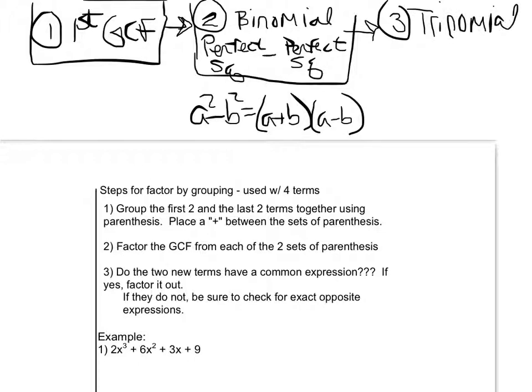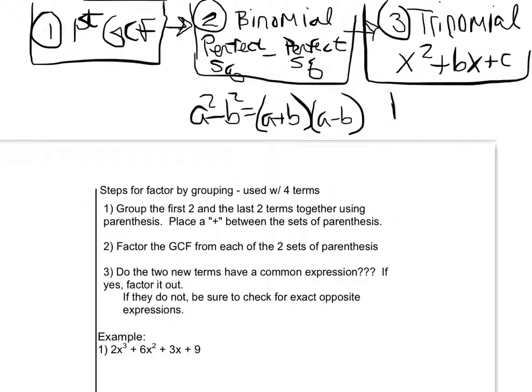Do I have something that's a trinomial with an x squared coefficient of 1 in the form x squared plus bx plus c? Because if I do, then I can use my factor sum tables to unfoil or undistribute, depending on which multiplication method you use.